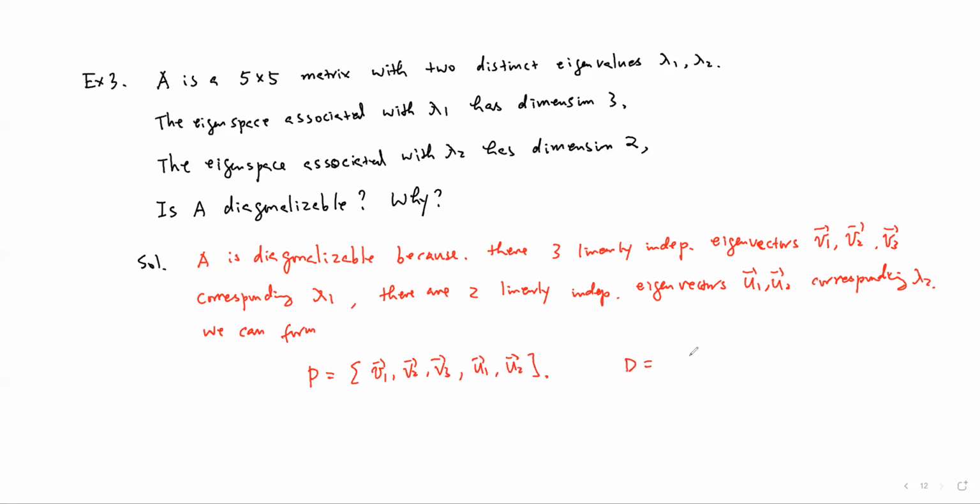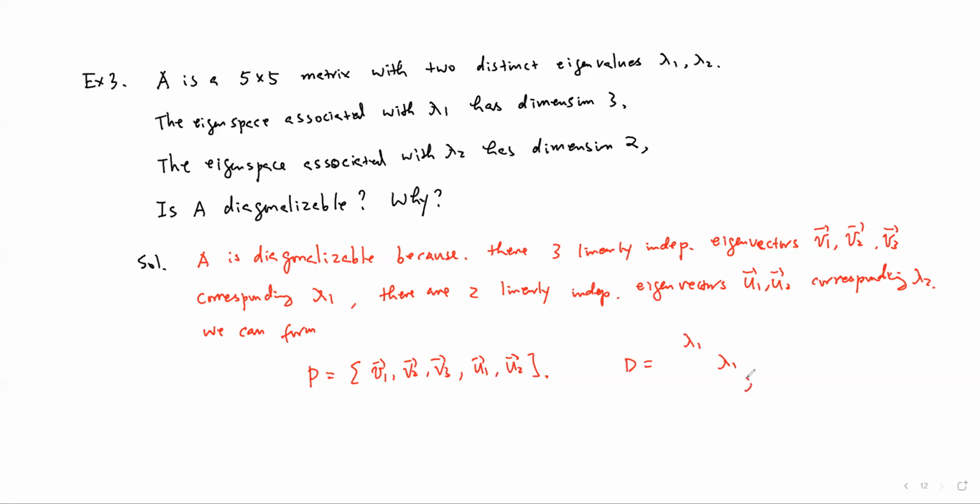Matrix D. This time, the order of the eigenvalues matters. V1 is an eigenvector corresponding to lambda 1, so put lambda 1 here. V2, also put lambda 1. Don't put lambda 2.